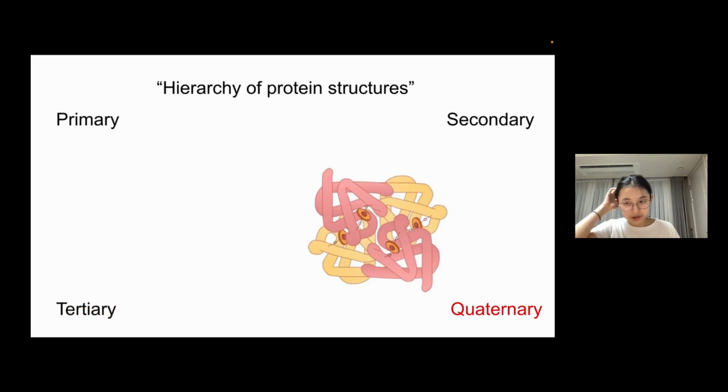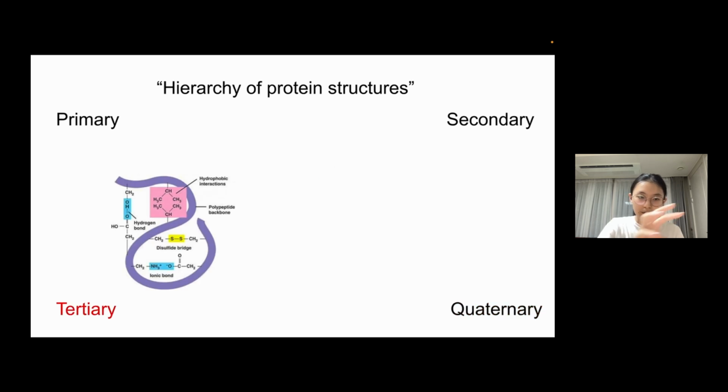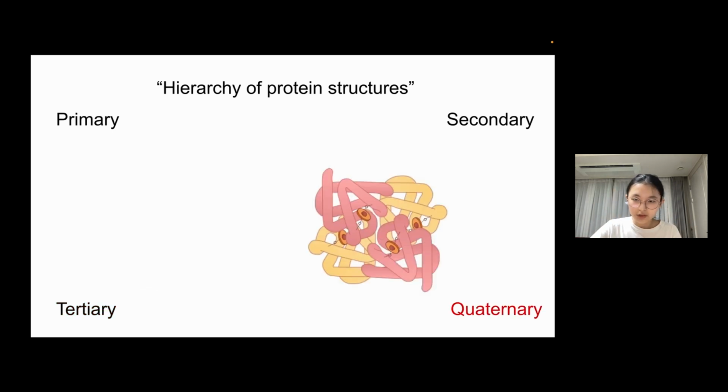Now, a quaternary structure is made of several subunits, which are all individual polypeptide chains. So you can think of it as having multiple blocks of these tertiary structures all together. And by the way, for your reference, this is hemoglobin, and so we have 4 subunits together.